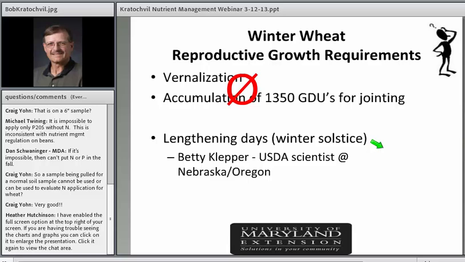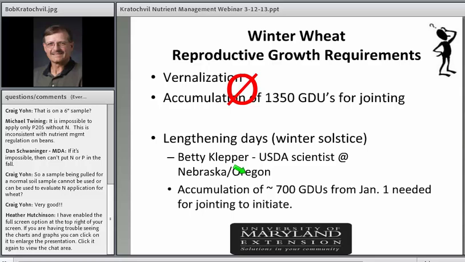What I discovered with some literature review and work that was done by USDA scientist Betty Klepper and her team, both at Nebraska, and then she later moved on to Oregon, was that there was a day length factor involved. In other words, a photoperiod response was necessary. What Betty Klepper's team determined was that you need the accumulation of about 700 GDUs after our day length starts getting longer, which means after the winter solstice, or she uses January 1 as sort of an easy date for this.